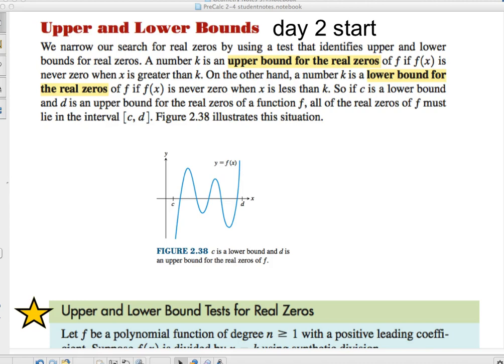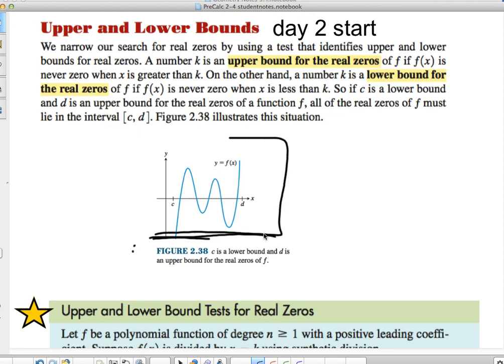But we're looking more so today at my calculator window here. How do I know that these are all the zeros in the picture? In your x range for your picture, we're looking at our interval from C to D. What they're saying is our possible zeros, and we have a lower bound and an upper bound.